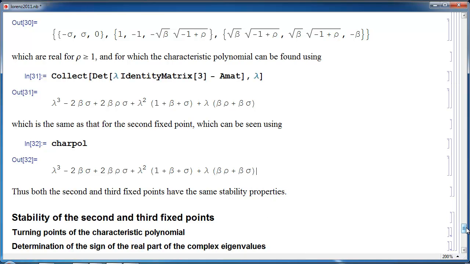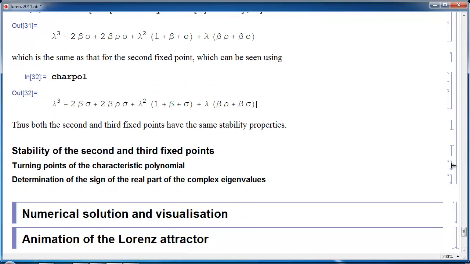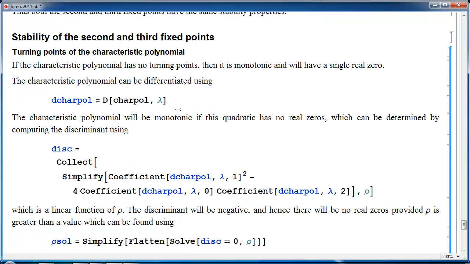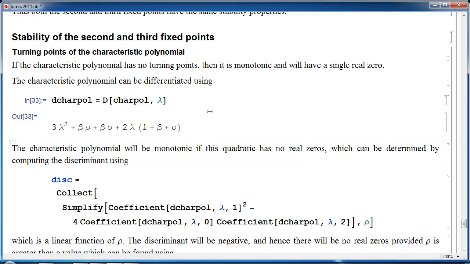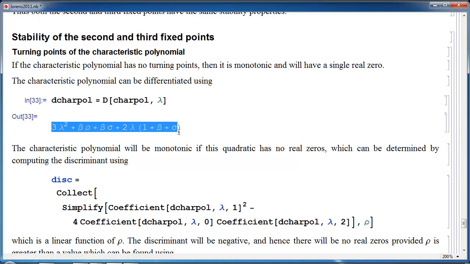So now we want to look at their stability. What we really want to do is to find out something about these fixed points without actually finding them. One way of doing that is to differentiate the characteristic polynomial, because if this derivative is 0, this means that the characteristic polynomial has turning points, if the quadratic has real zeros.